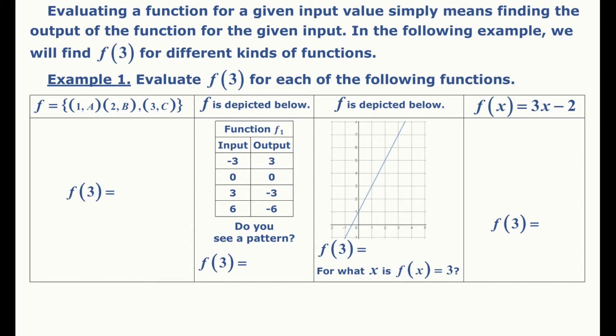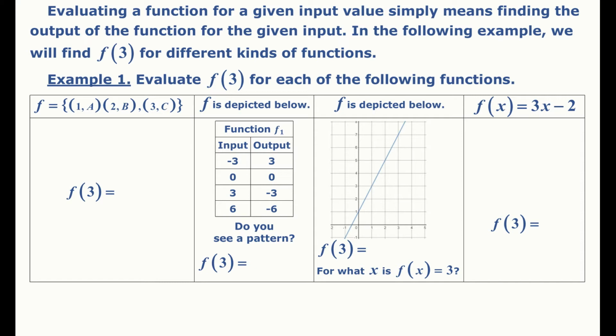Here we have a function f, and notice we're using the same name for different functions, and that's completely the norm, and it happens all the time. So in the context of a particular problem, it'll be clear what the function f represents. Here we have a function f which is mapping the number 1 to the letter A, the number 2 to the letter B, and the number 3 to the letter C. So when we're asked what is f of 3, we mean what is the output of this function when the input is 3.